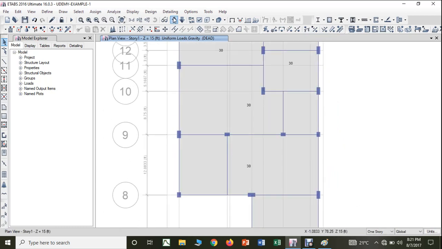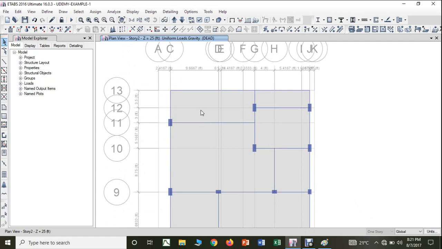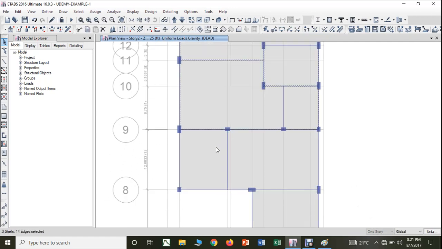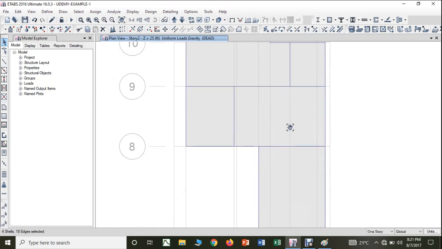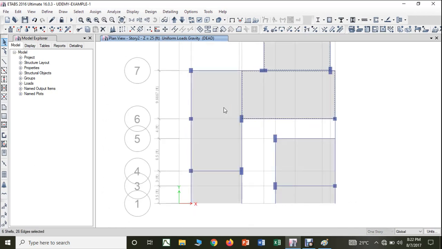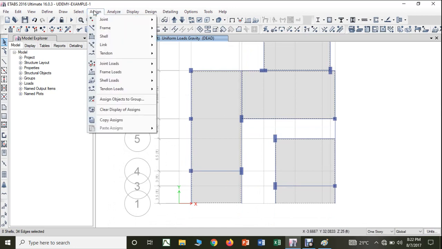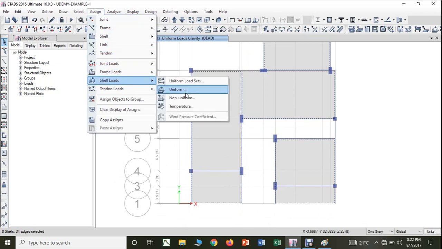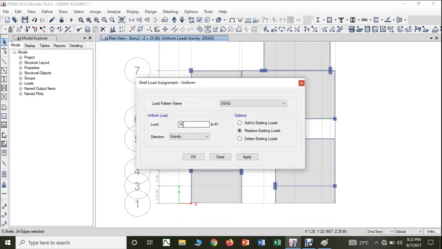Similarly, I will go to the next floor. There also I am supposed to select the slabs. Here again I will go to assign, shell loads, uniform, there also dead, apply.